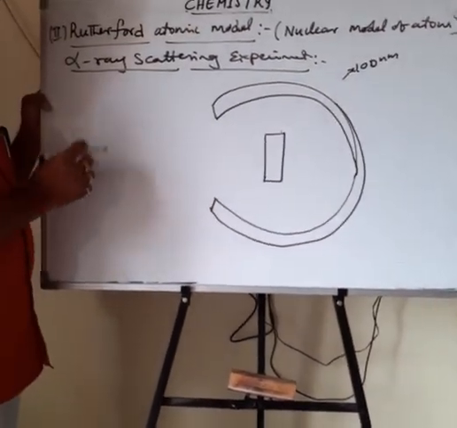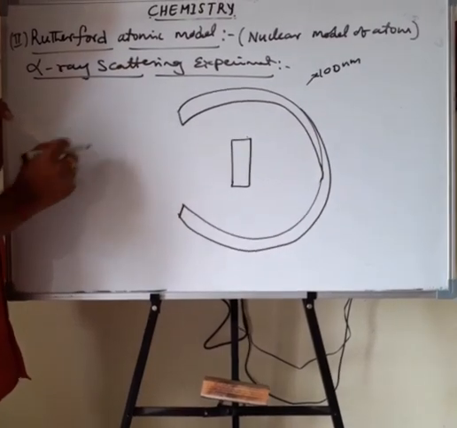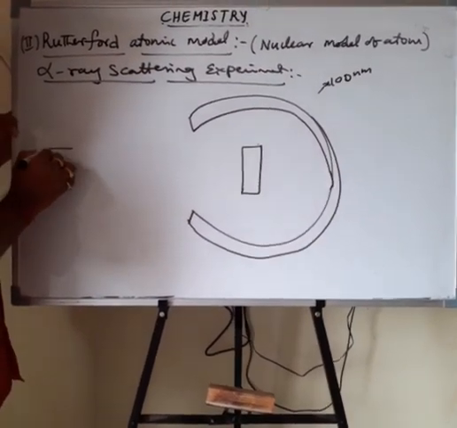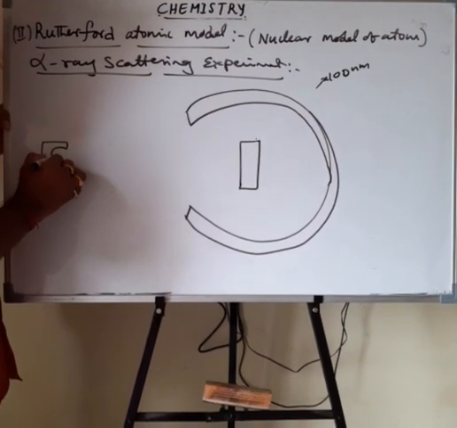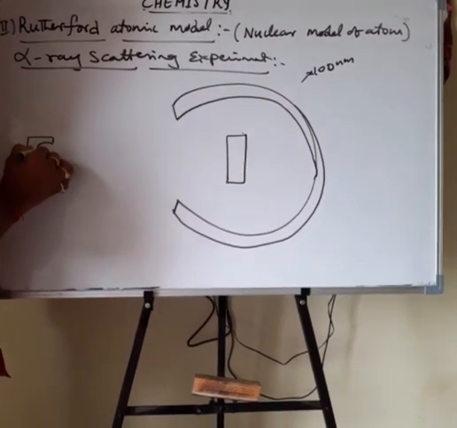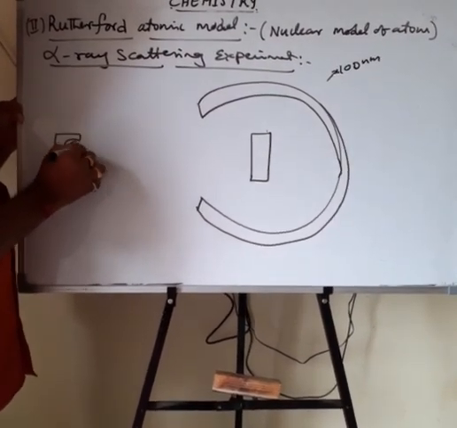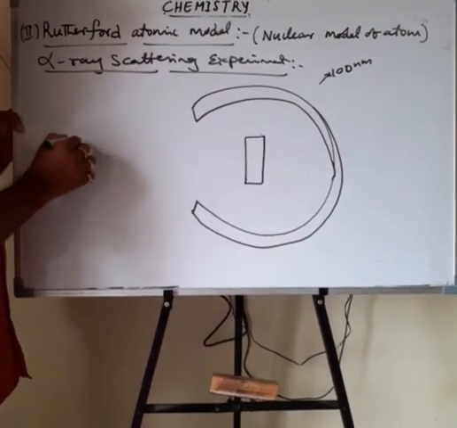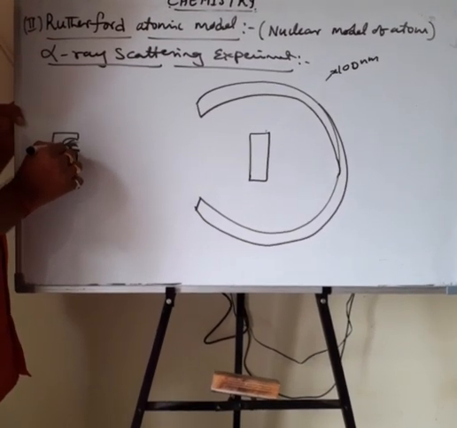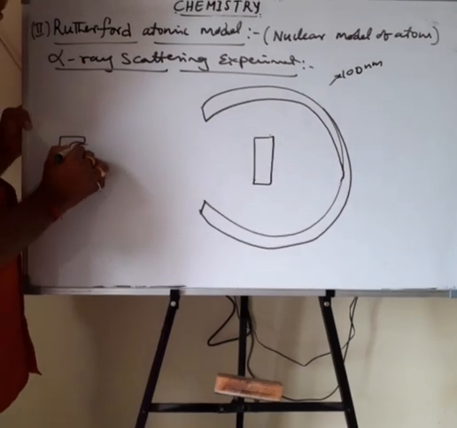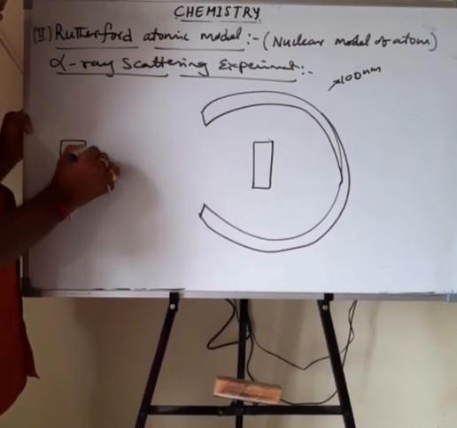The alpha particles are obtained from the radium element. Here the radium element is taken as the origin. This radium element emits the alpha particles, which are then accelerated.